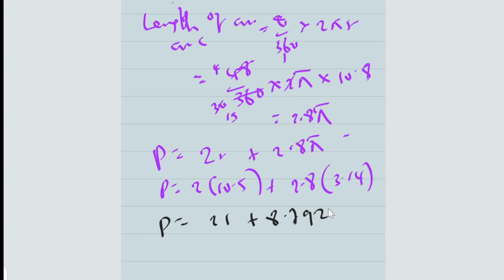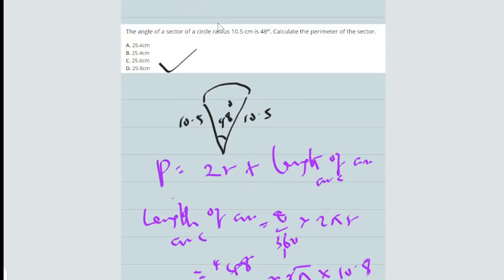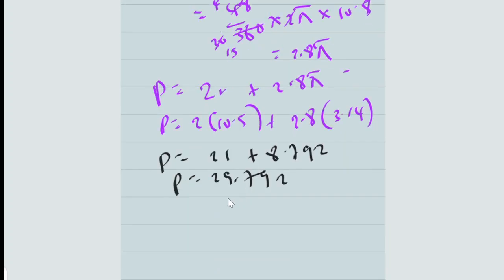If you add it to 21, that will give me 29.792. Yeah, I think this is the result, because if you approximate it to two decimal places, you are going to have 29.8 centimeters. Okay, let us proceed.